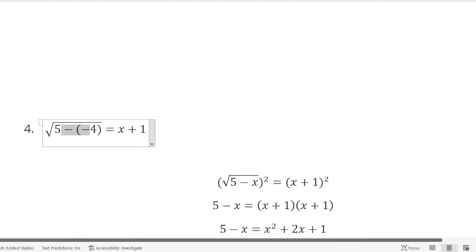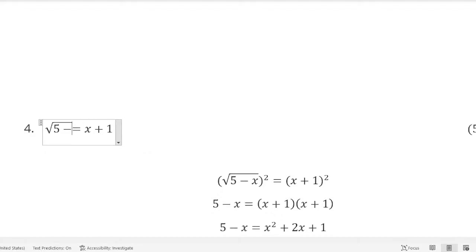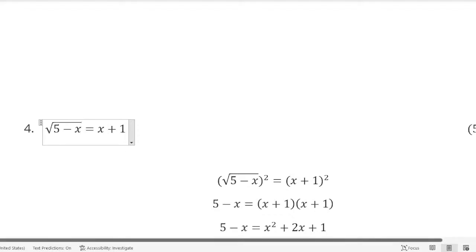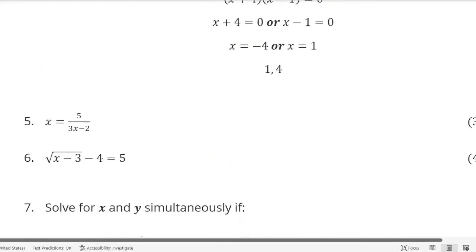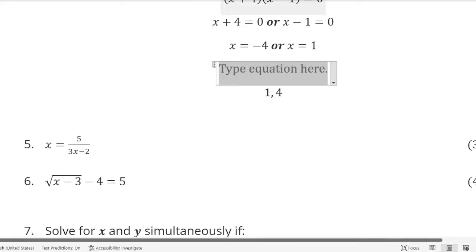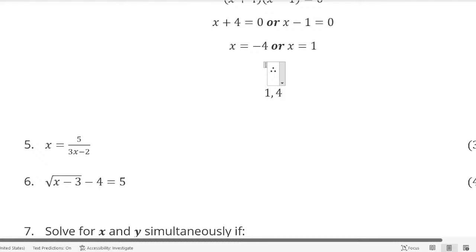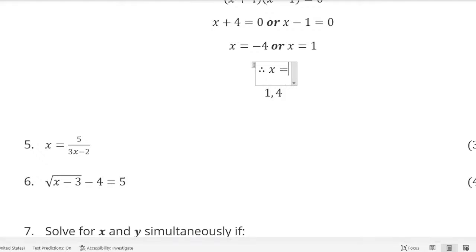Because everything under a square root can be 0 or greater than 0. So x should not be negative 4. So the possible solution here, therefore, x is equal to 1.